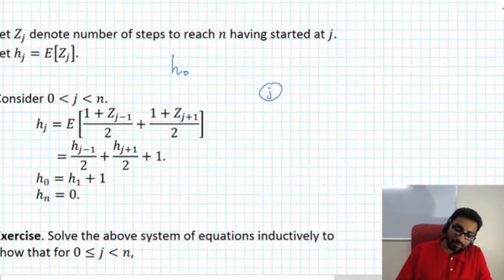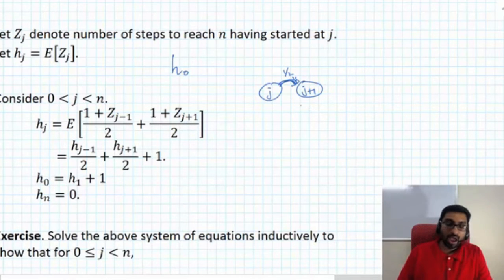With probability half, we can go to state j plus 1. So with probability half, we'll make one step, go to state j plus 1, and then you can simply count the number of steps to go to state n from j plus 1.